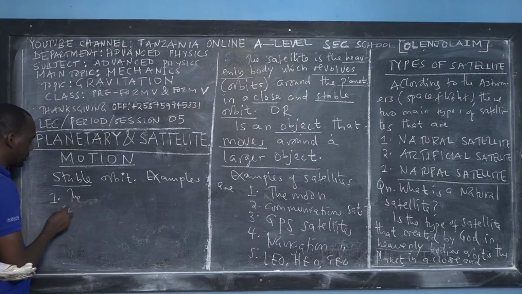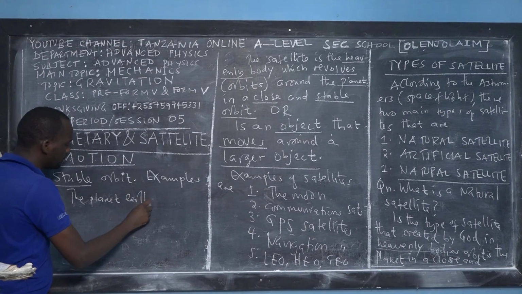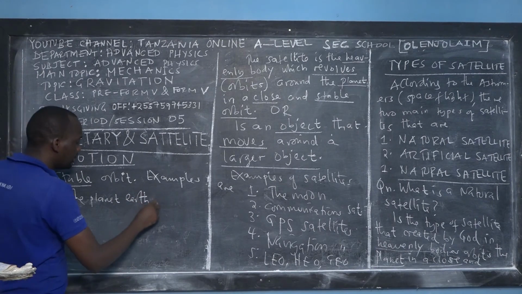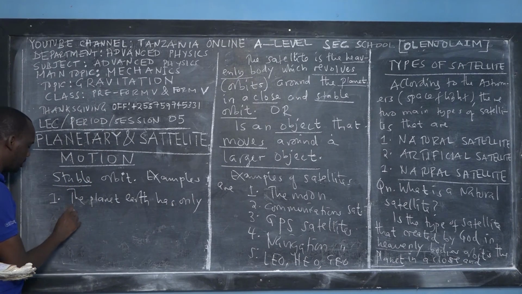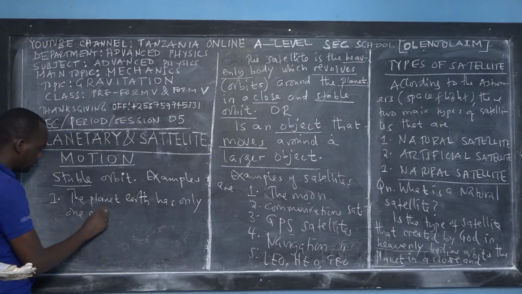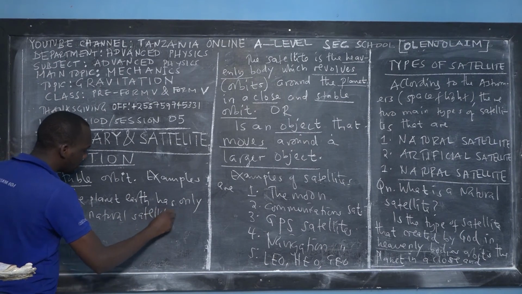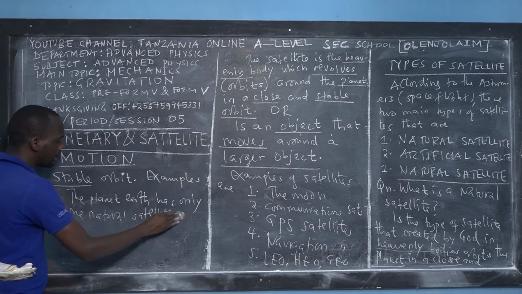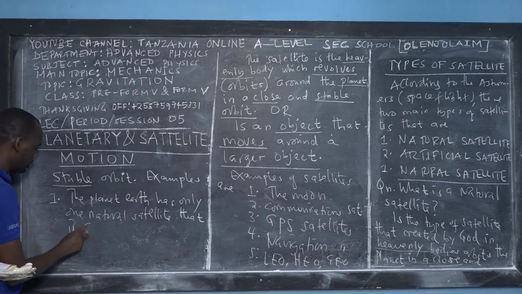The planet Earth, the planet where we live, has only one natural satellite, and this natural satellite is called the Moon.